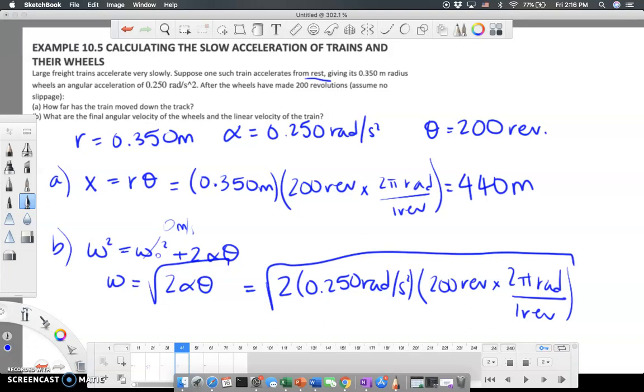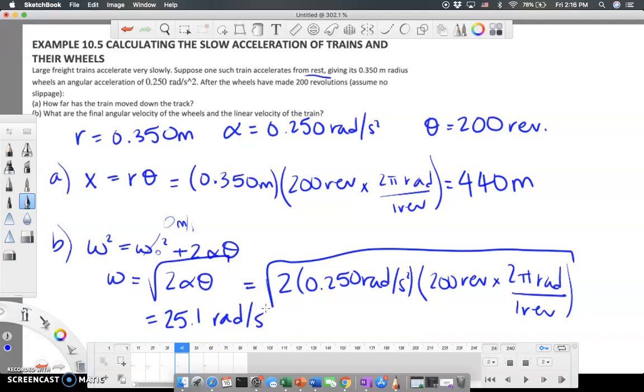Let's plug that into the calculator real quick. I get 25.1. Let's look at our units, make sure they're correct, and they are radians per second.